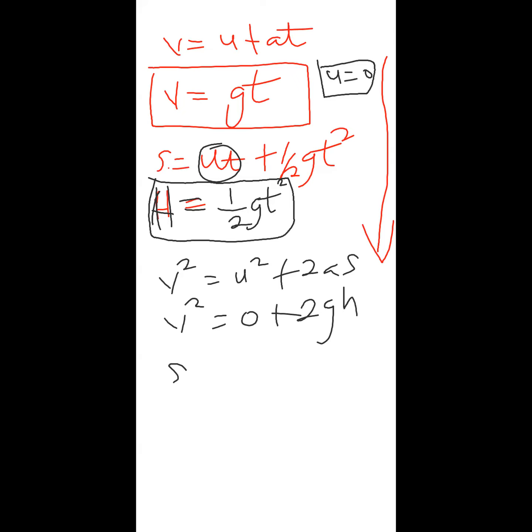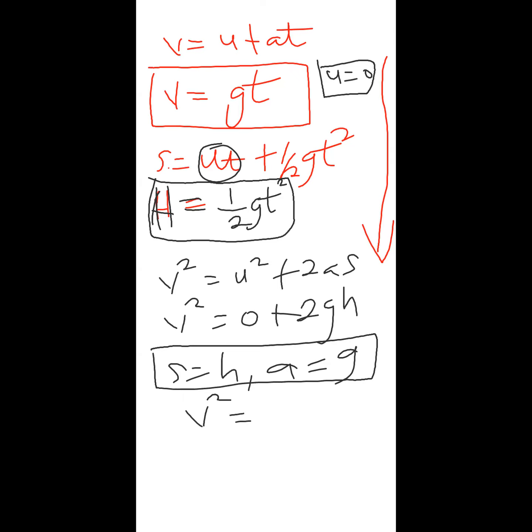Your S is now height, and your acceleration is now acceleration due to gravity. So you should quickly understand the substitution I'm using in all the equations. At the end of the day, what you are going to have is V squared is equal to 2GH. So I'm going to box this.